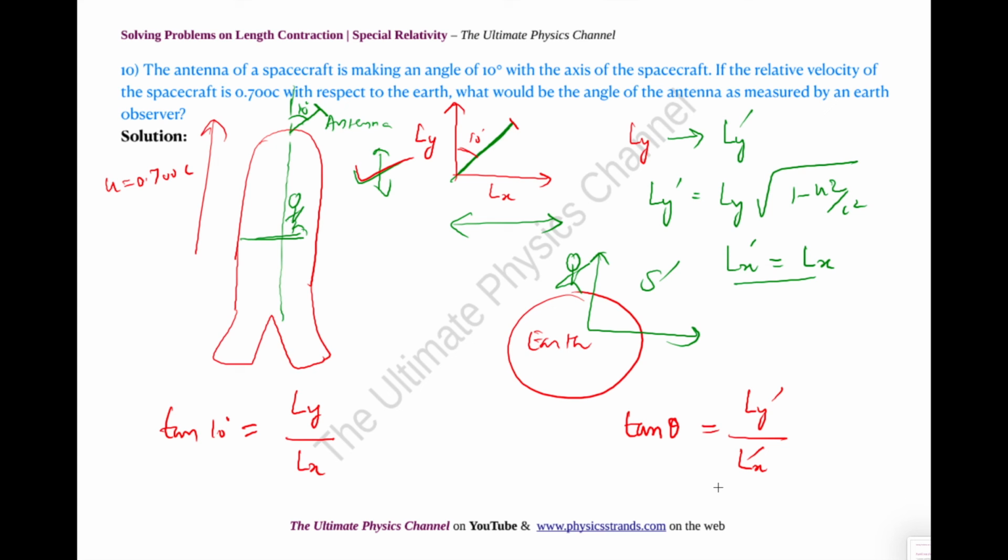Therefore, we can write tan theta is equal to Ly prime, which is Ly times square root of 1 minus u squared over c squared, over Lx prime, which is Lx.